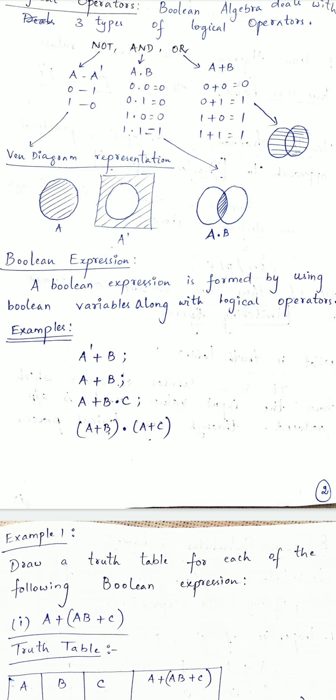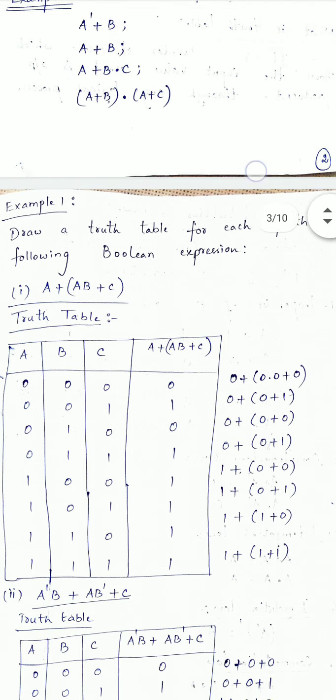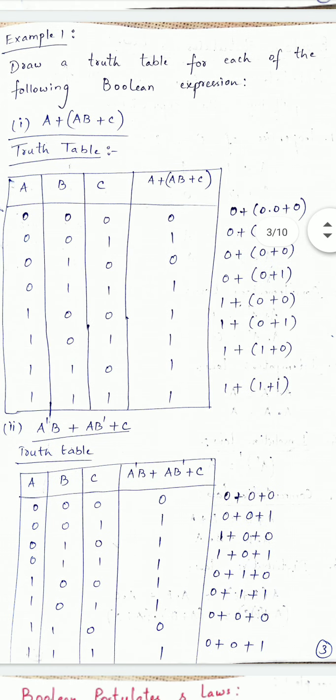Here you may have logical operators like and, or, not, and the operands are all Boolean valued variables. Here I am giving you two examples which we solved in the class also. Based on these examples, today I have given you homework on page number 89. So use these examples and complete the exercises.